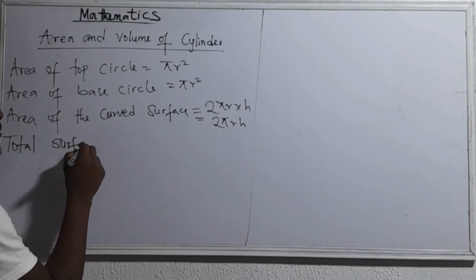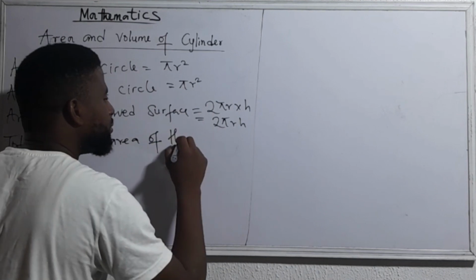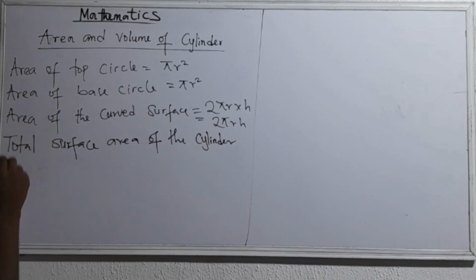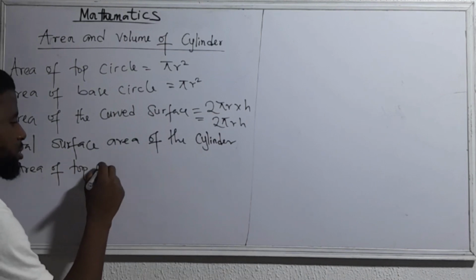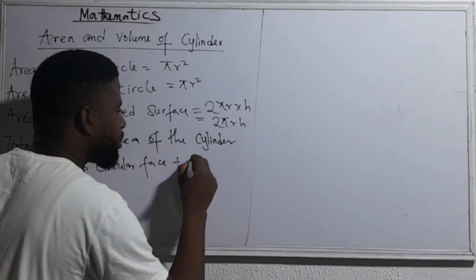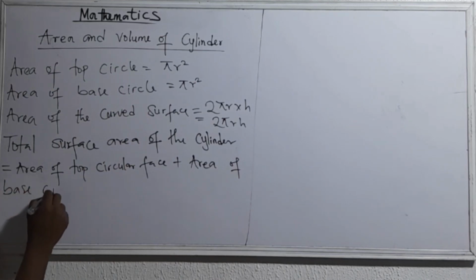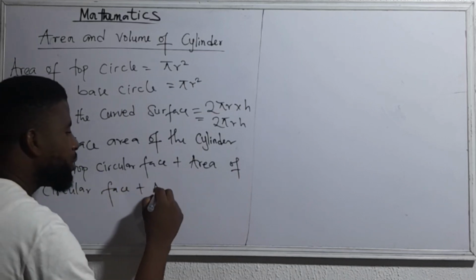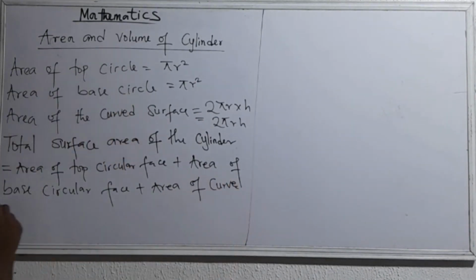So the total surface area of the cylinder is equal to the area of the top circular face plus the area of the base circular face plus the area of the curved surface.